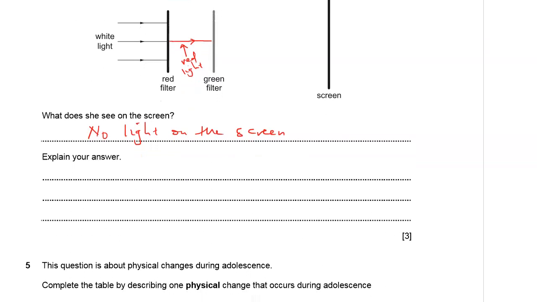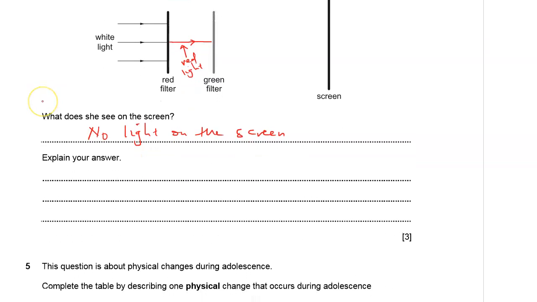Okay. Let's explain that. Of course, the red filter, the one right here, absorbs all the colors. It only lets the red light through.